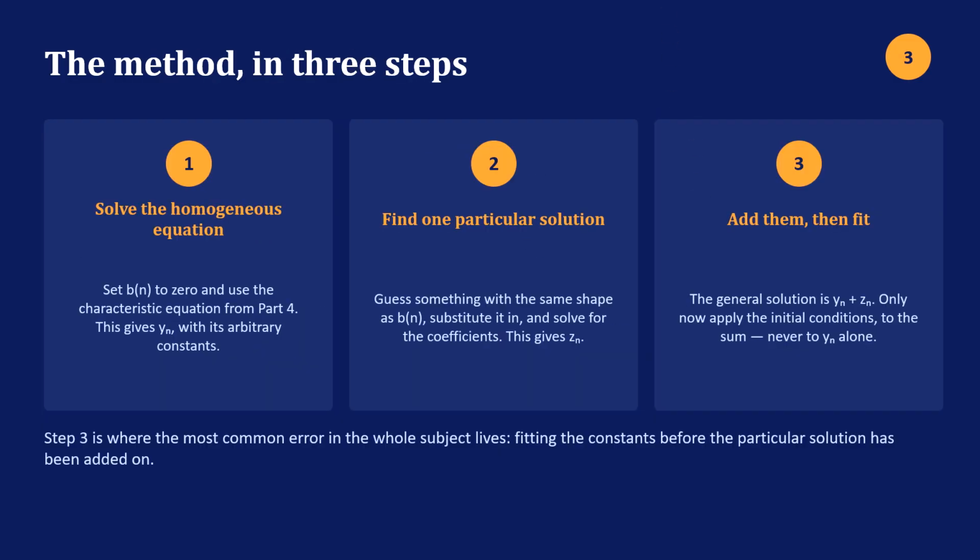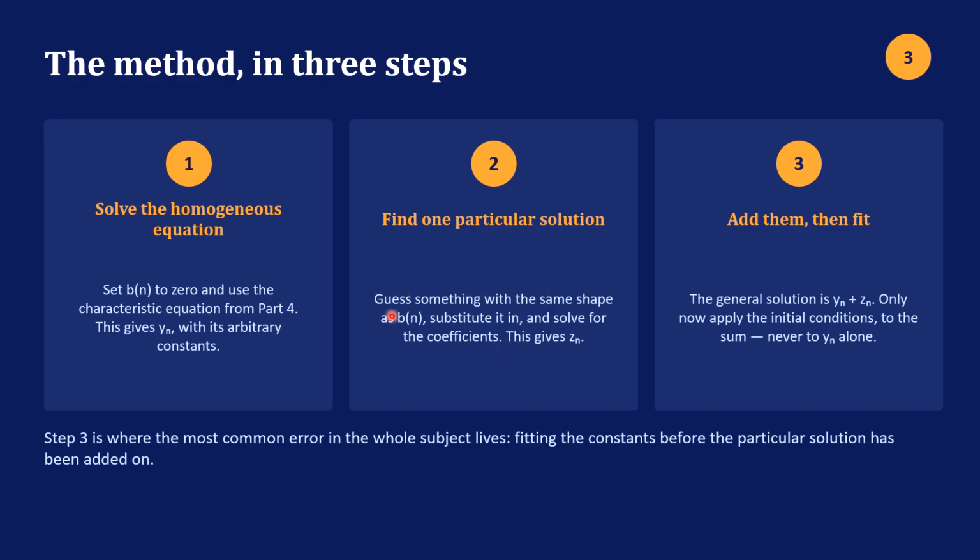So here is the methodology in a little bit more detail. So first we solve the homogeneous equation, set b of n to 0, and use the characteristic equation from lesson 4. This gives our y sub n with arbitrary constants. Then the second part is the particular solution. Guess something with the same shape as b of n, substitute it in, and solve for the coefficients. This gives us z sub n.